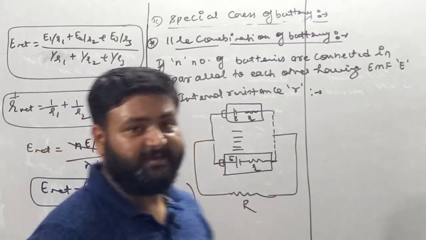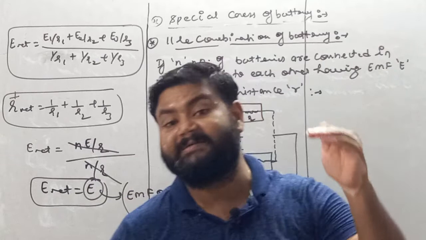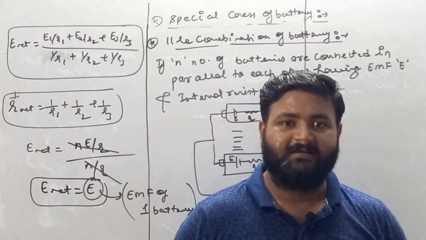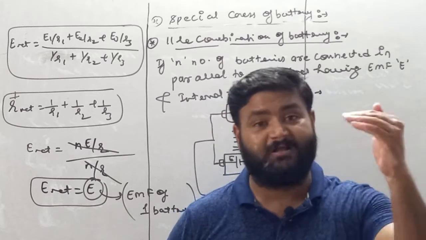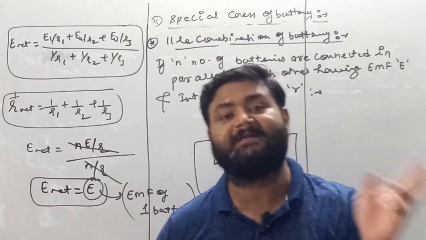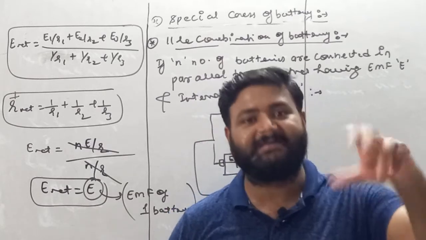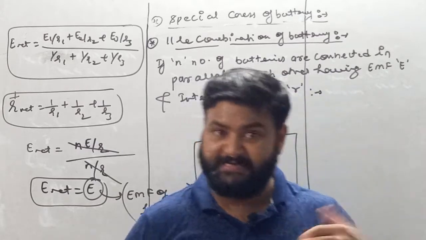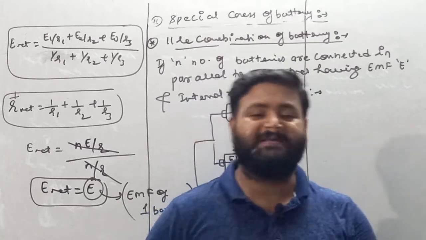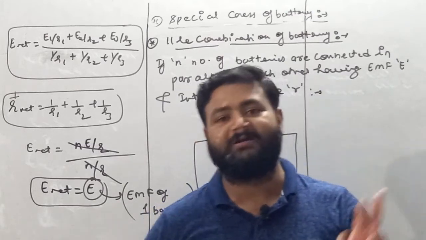If you are connecting 10 batteries in parallel, only one battery is part of the circuit, the EMF of all the rest is not part of the circuit. So 9 batteries are useless. That's why parallel combination individually and series combination individually are not effective.